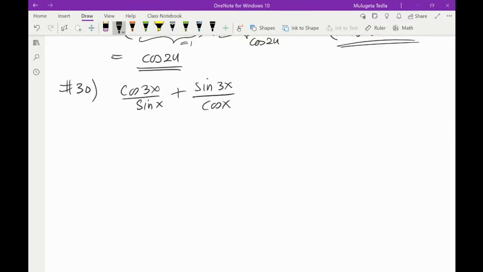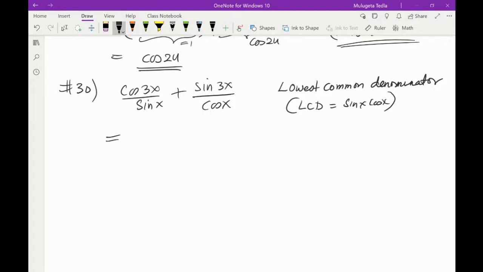The problem is I cannot even add them because the denominators are different. So the lowest common denominator, which we call LCD, must be sine x cos x.